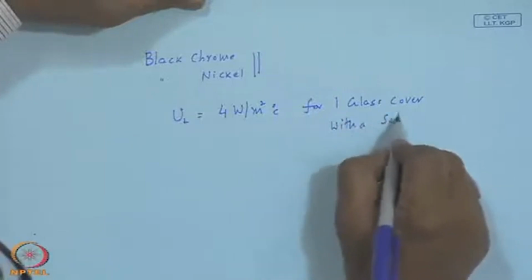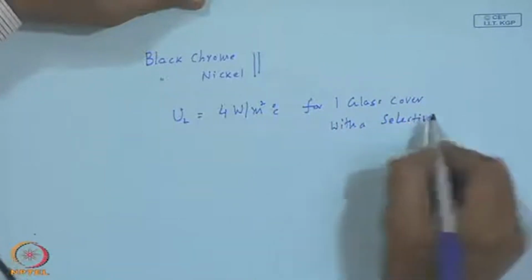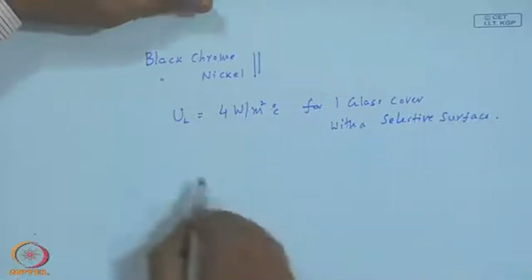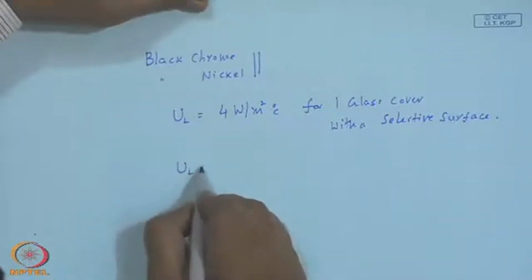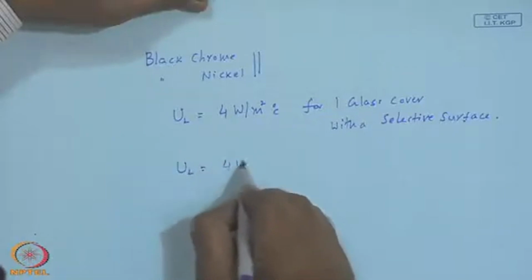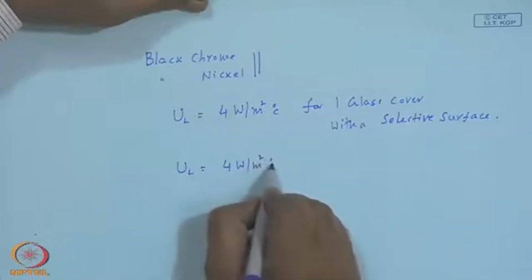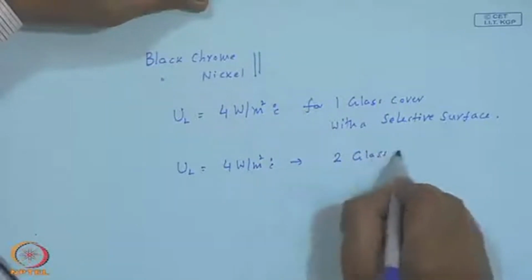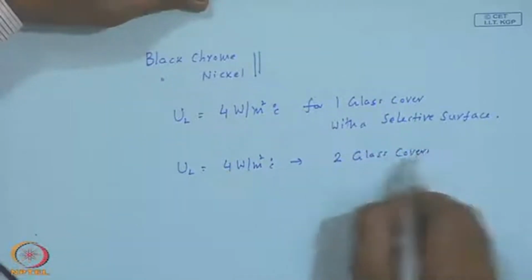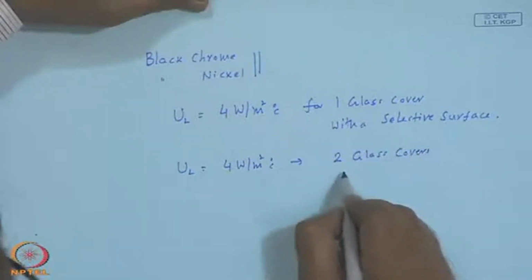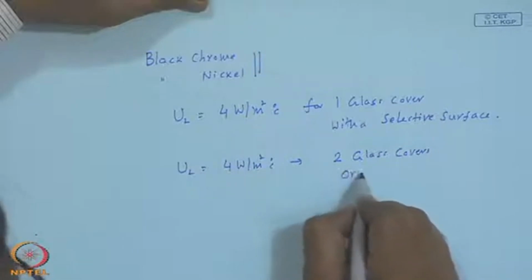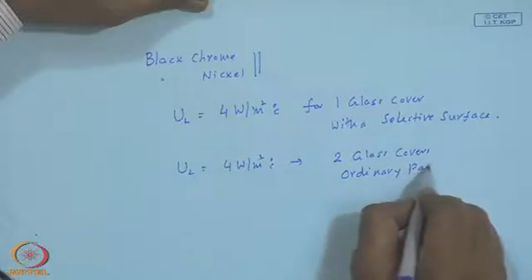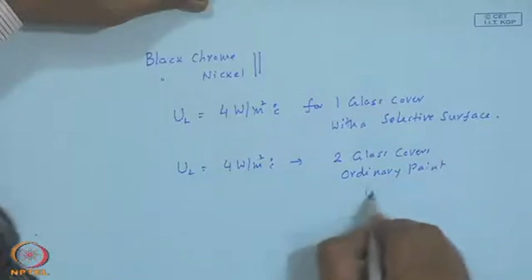...is selective surface. This you might compare, UL also will be approximately 4 watts per meter square for 2 glass covers and ordinary paint, rather black paint.